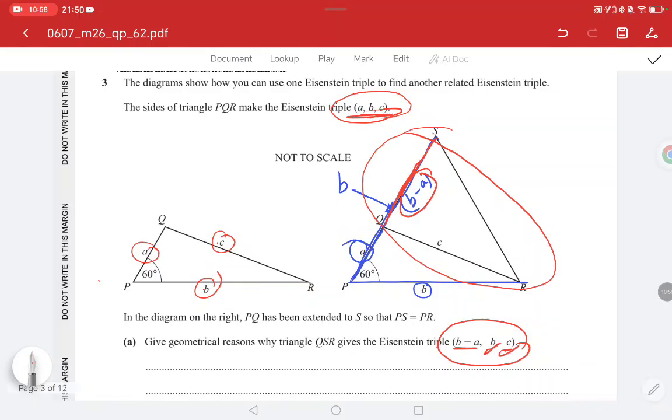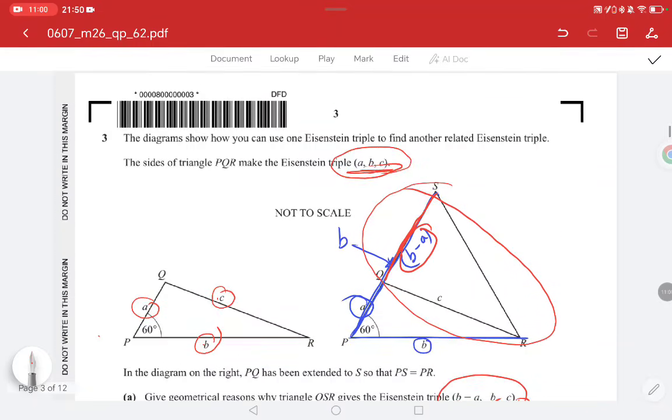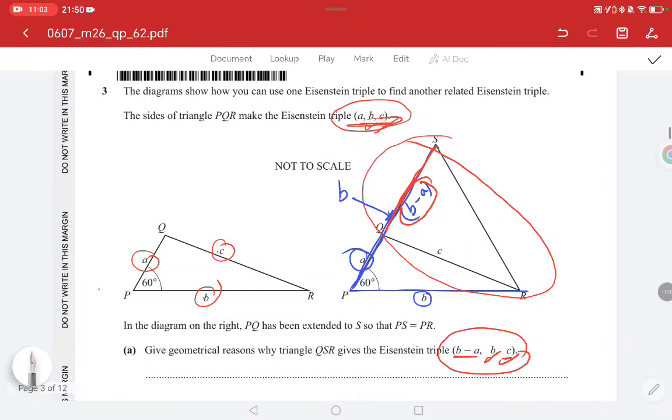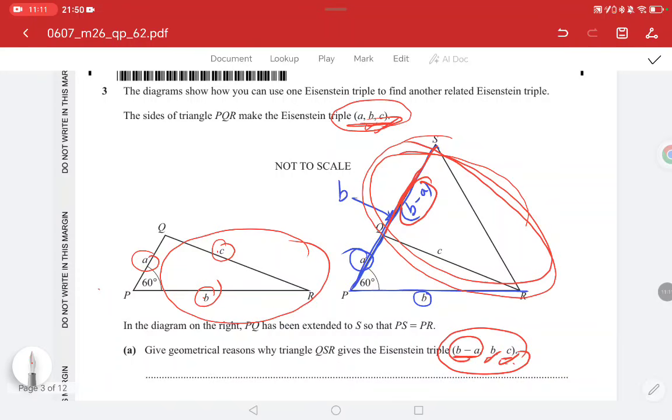Look, B and C are the same, so we need to show that we have two sides in this triangle the same as this triangle. And we need to show that this one, B minus A, we also have in this triangle. And already we did that, that this one is B minus A, but we need to explain this. Plus, we need to show what else? We have an angle of 60 degrees.